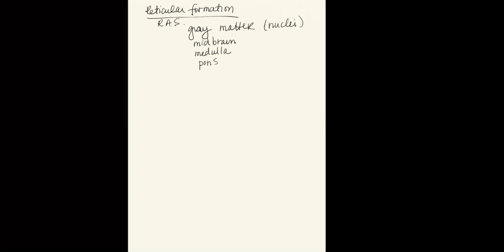What it's doing is detecting sensory information. Sensory information goes in, motor information exits. The idea is it helps you figure out where you are, if you're conscious, and what's going on around you.